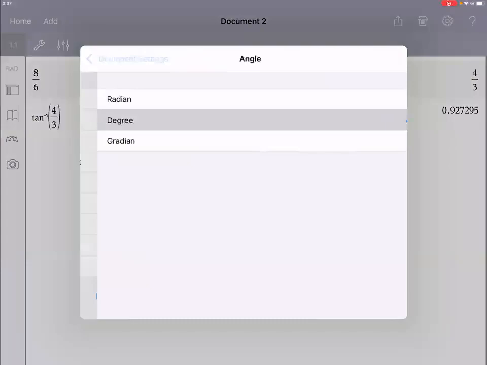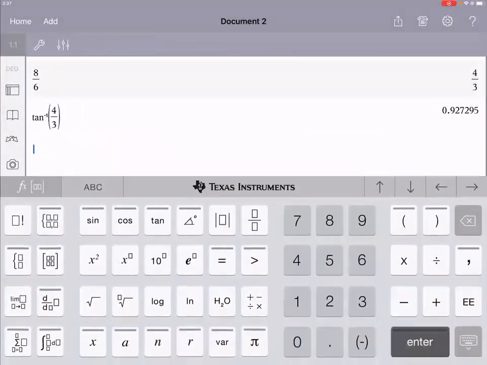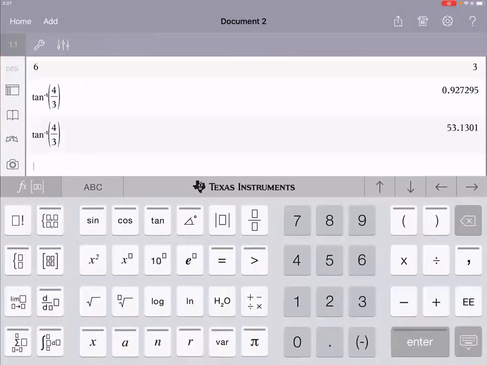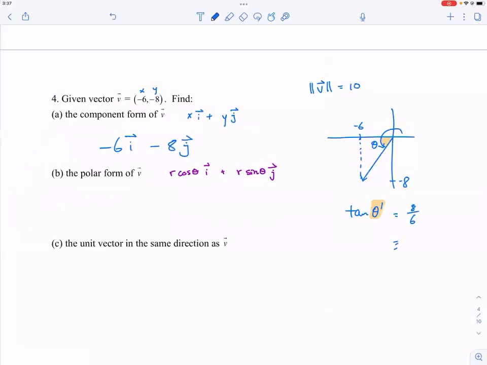Let me change it to degrees again. One more time. 53.130. So theta prime is 53.130 degrees. Now that's the little angle.